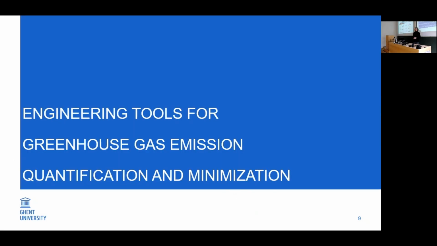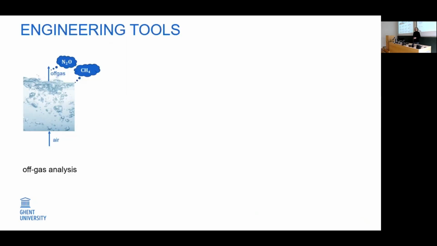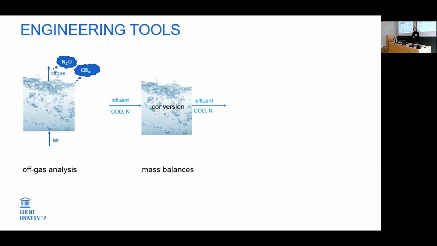Okay, so let's now use our engineering toolkit to quantify greenhouse gas emissions and to try to minimize that. What do we have? Well, we have off-gas analysis. So we have an off-gas analyzer with which we will measure certain components in the gas stream. That's nice. We also have mass balances that we can set up, one of the most important tools for an engineer.